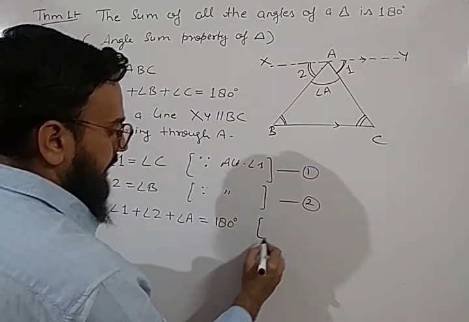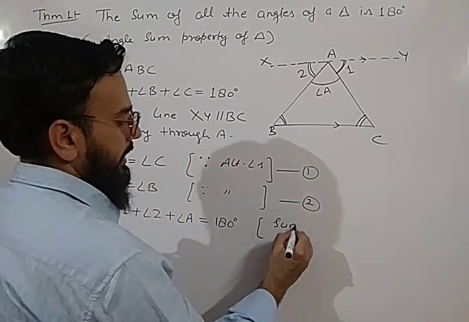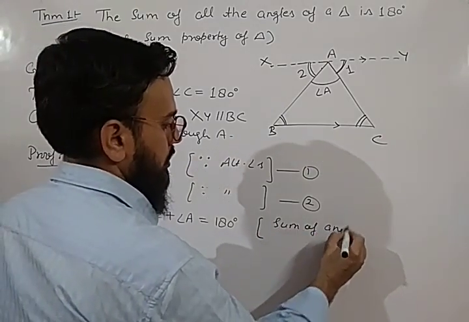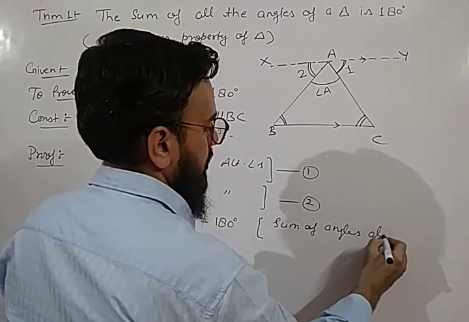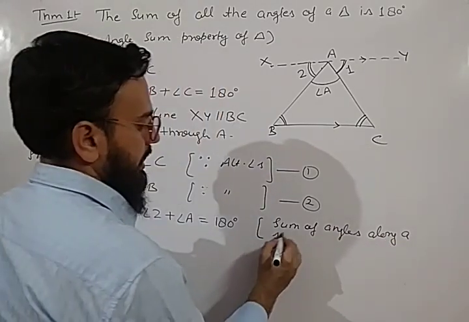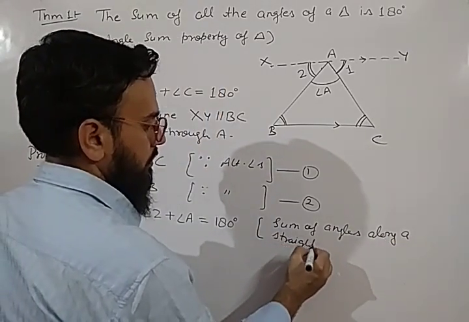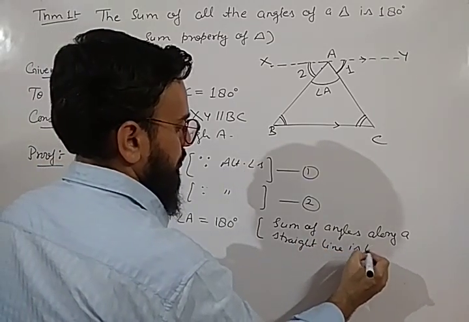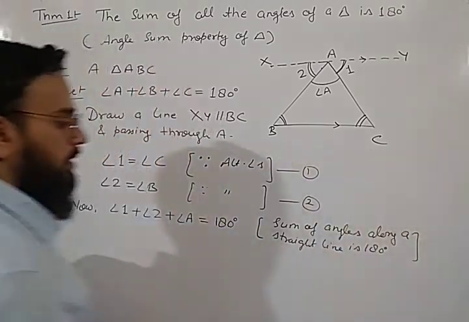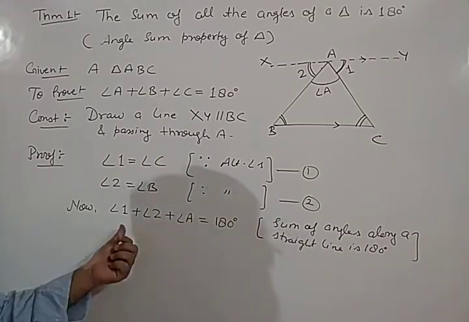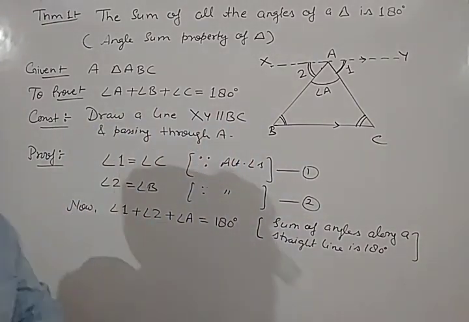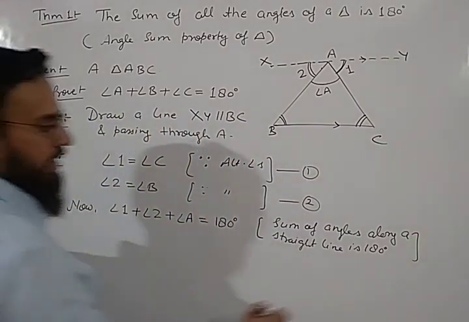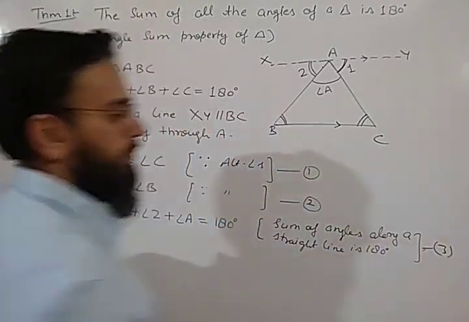Clear? And you will write the theorem here: the sum of all the angles along a straight line is 180 degree. So we have used this theorem, angle 1 plus angle 2 plus angle A is equal to 180 degree. Let us take this as equation number 3.